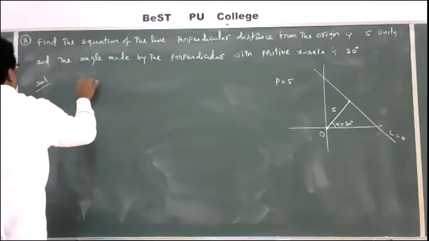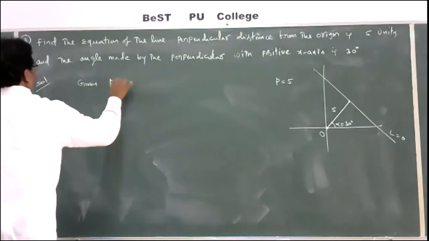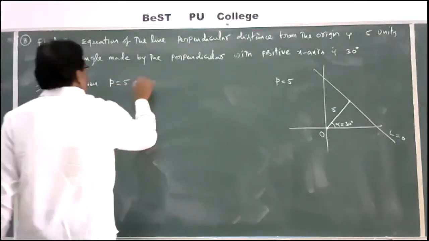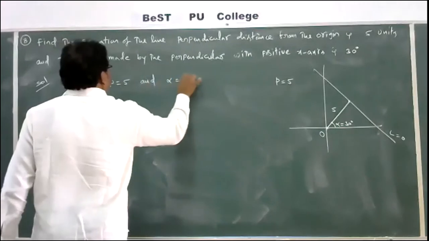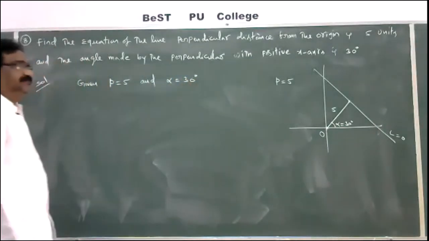Solution. Given P is equal to 5 and alpha is equal to 30 degrees.